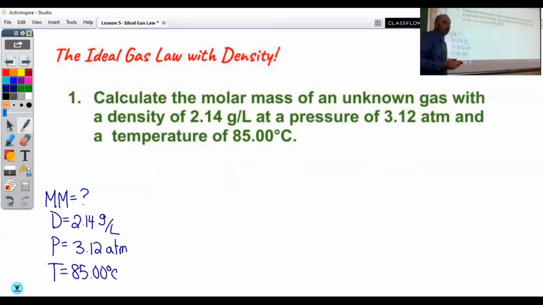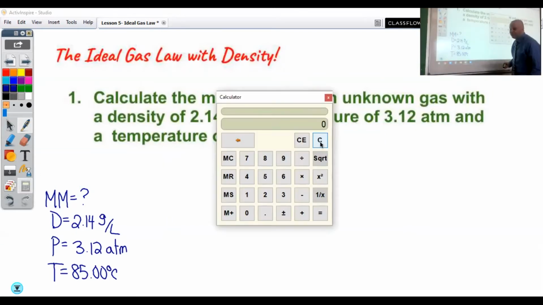Now, of course, we recall that whenever we're working with the ideal gas law, we need to convert our units of temperature from Celsius to Kelvin. So I'm going to do that immediately. To convert, we're going to do our 85 degrees Celsius plus 273.15.